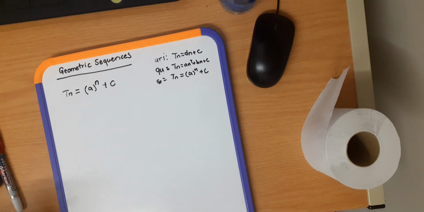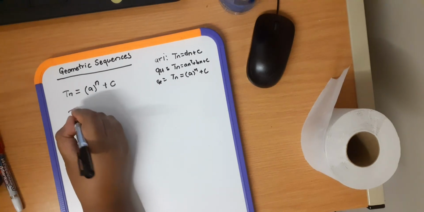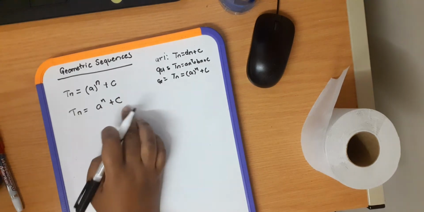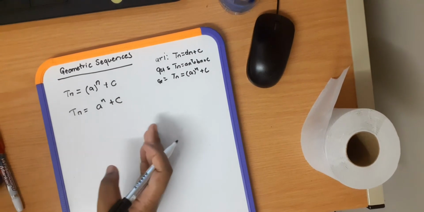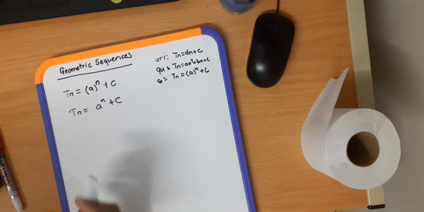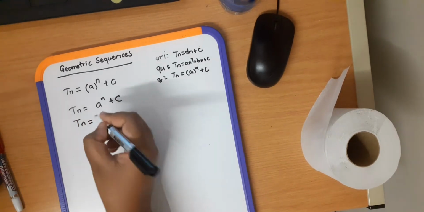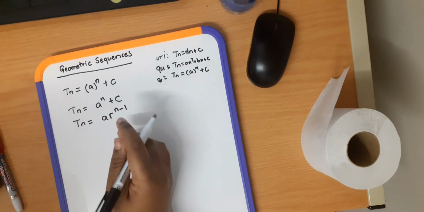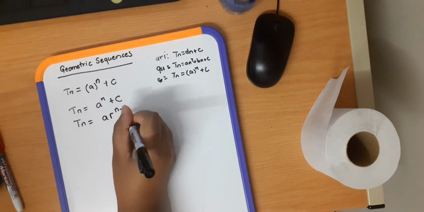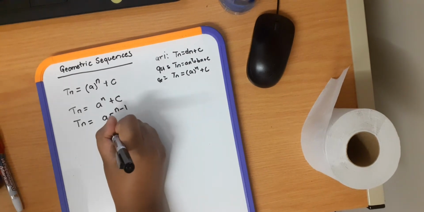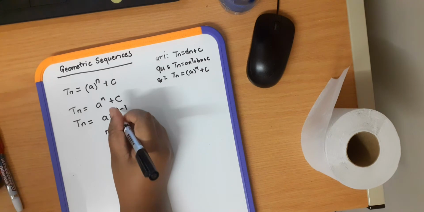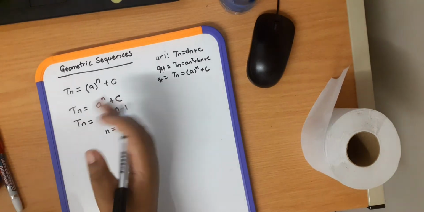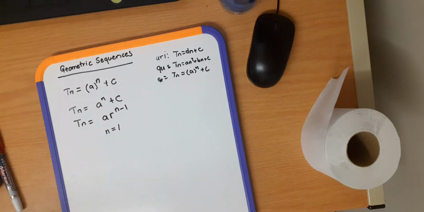So Tn would be either An plus C. This plus C would be added to the An or not. You've probably seen it in the general formula of a r to the n minus 1, or r to the n. With n minus 1, n would start at 1, usually considering the first term for that.